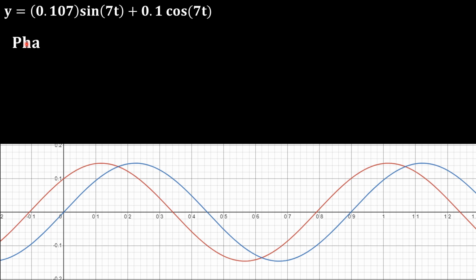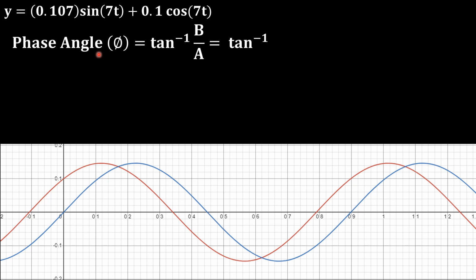And here we are asked to find the phase angle. So the phase angle is simply the inverse tan of the b constant over the a constant. The b constant we said is 0.1 and the a constant is 0.107, and that gives us 43 degrees. That is the phase angle.